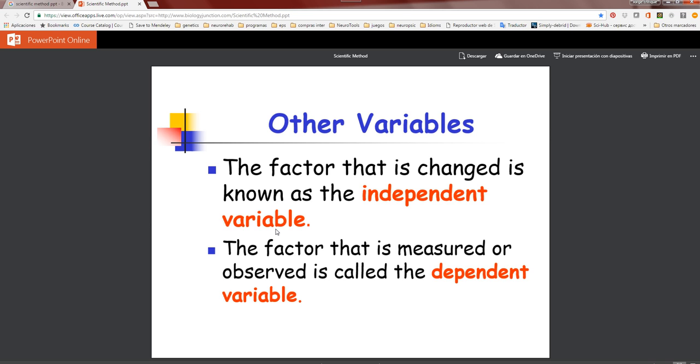And what I am going to observe is the effect of this change in temperature on the gender of the baby alligators. Maybe if it's cold, it's going to produce females, and if it is hot, it's going to produce male babies. So the gender in this case is the dependent variable. That is the one that is under the control of the temperature, which in this case is the independent variable.